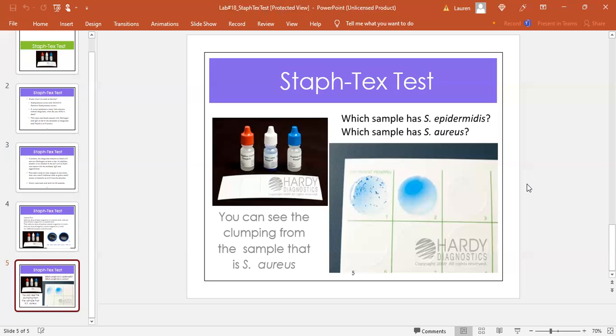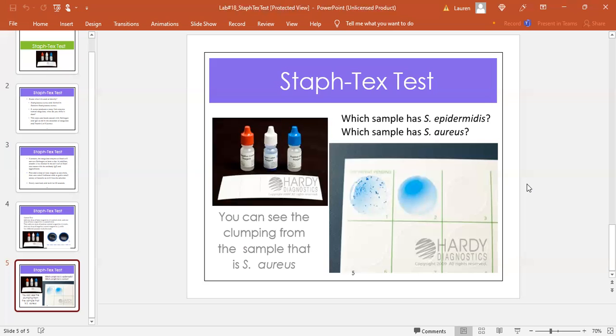So if that control strip doesn't show, then the test is invalid, and it can't tell you one way or the other. But it might also be something like, okay, here's, you can look at it, it has the control strip, and it also has a positive strip, right? So yay, the test is pregnant.